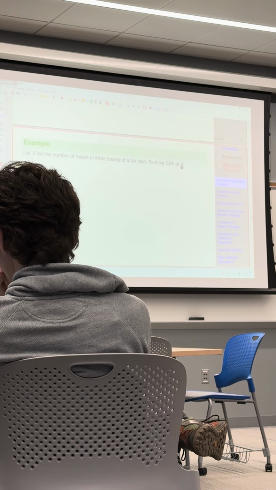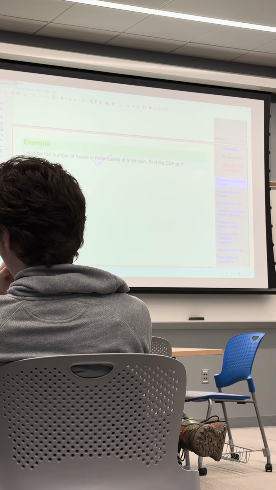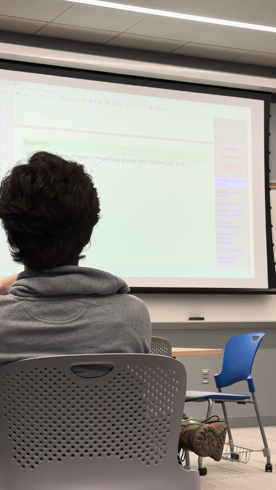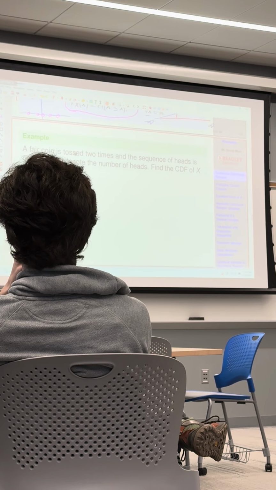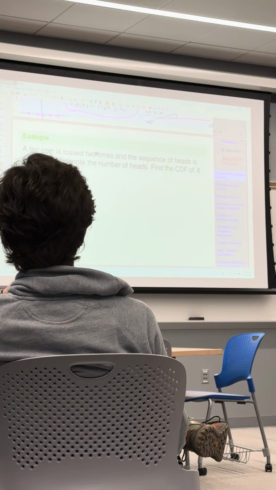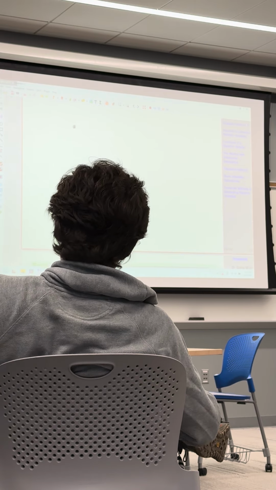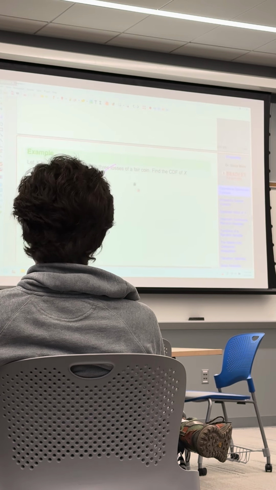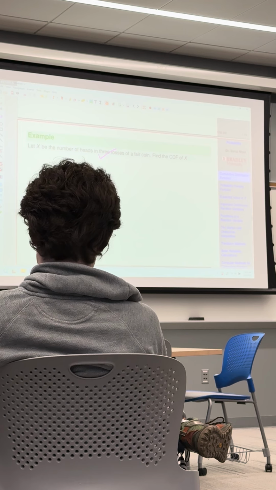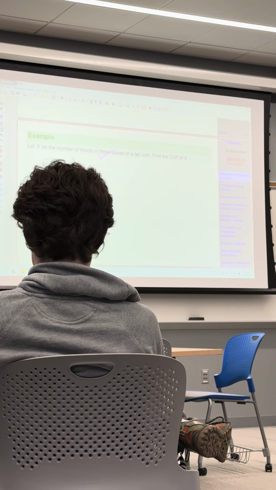Find the CDF of it. I am going to solve this example. This is more rigorous than tossing a coin 2 times. It's just increasing the toss one more time, that's all. And I will be utilizing the result of this example in the following problem. That is the reason I will be using this. So let's solve this example.